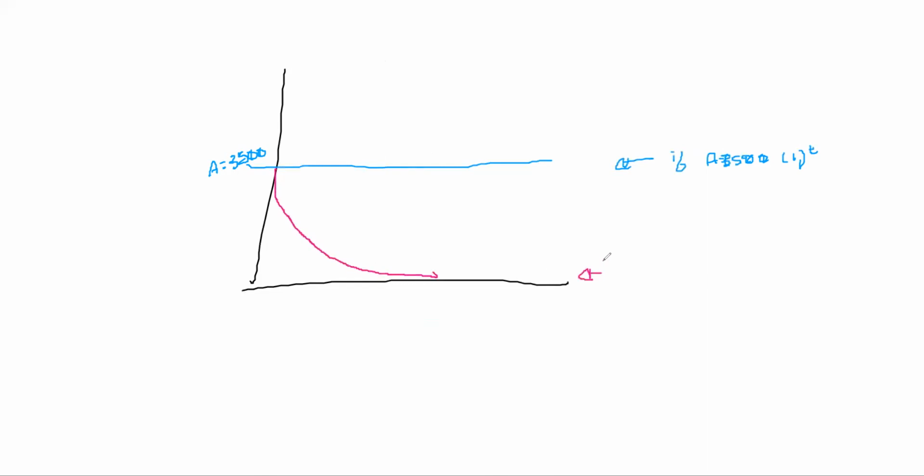So this is if A is equal to 3,500 times 0.93 to the T, because I'm starting here at 3,500, and then it's getting very small. So A is getting continuously smaller, and here it's getting larger. So this is my theoretical.